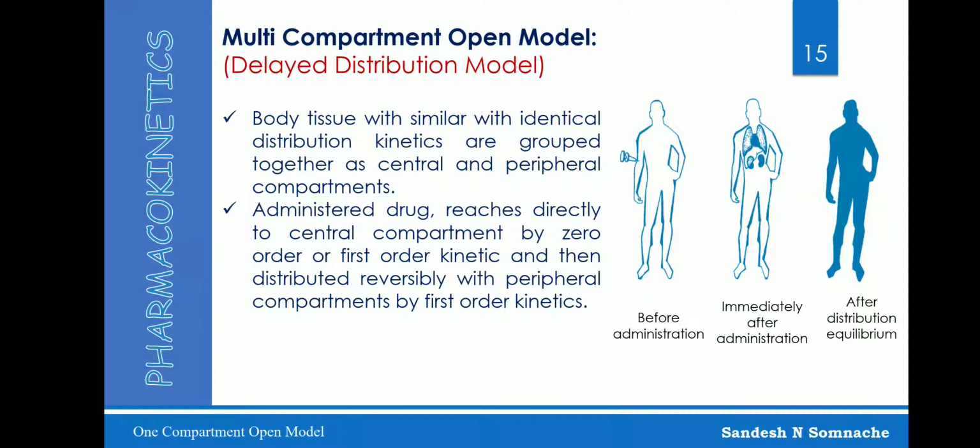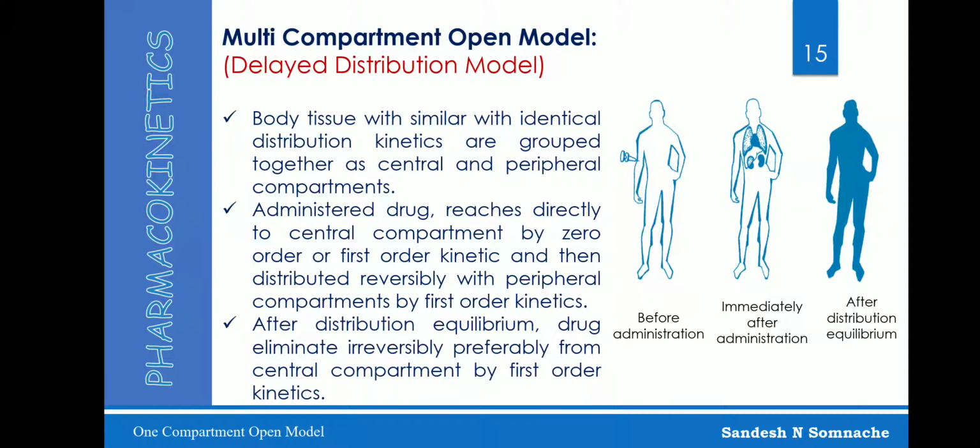Administered drug reaches directly to the central compartment either by zero order mechanism or first order mechanism, and then distributes reversibly with peripheral compartments by first order kinetics. After distribution equilibrium, drug eliminates irreversibly, preferably from the central compartment by the first order mechanism.